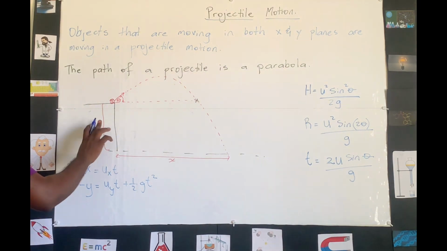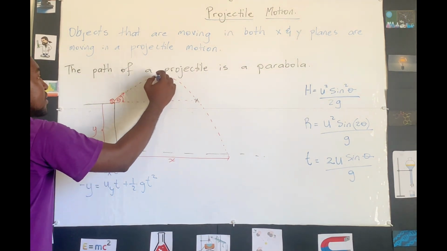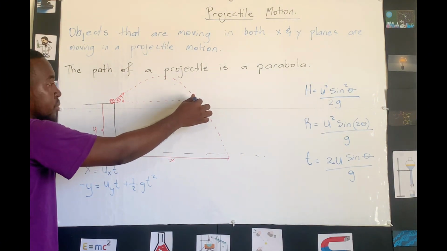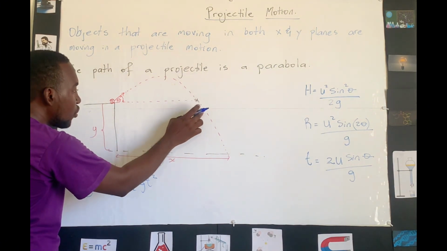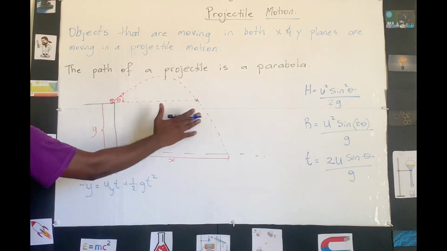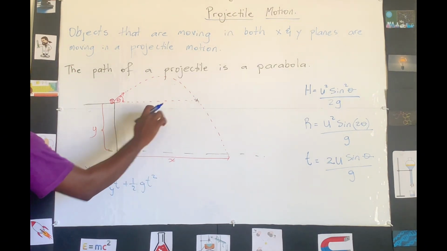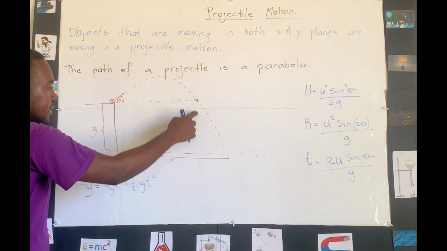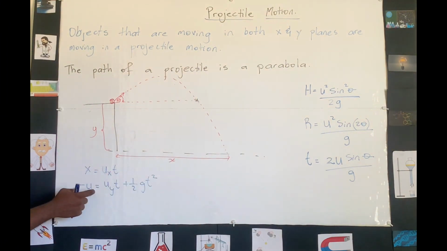Now the negative is because the object, when displaced up, came back to that level, a full displacement of 0. When it goes below that level, you're doing a negative displacement, and that negative displacement is the height at which it was thrown off from. So therefore, this distance coming down is a negative displacement.